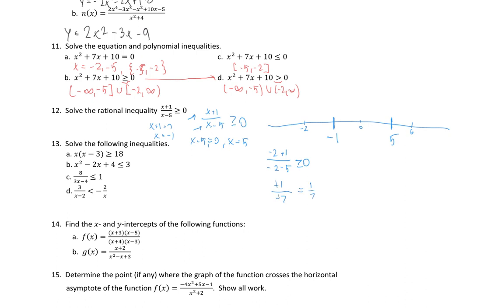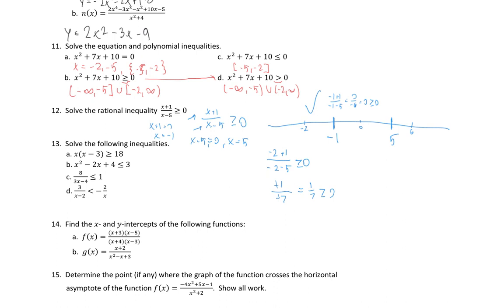Cancel out the negatives. And that is true. So we are going to include that section. And if we want to check if we can include negative 1, well, negative 1 plus 1 over negative 1 minus 5, you get 0 over minus 6, which is the same thing as 0. And 0 is greater than or equal to 0, so we can include negative 1. That's one way we can check.